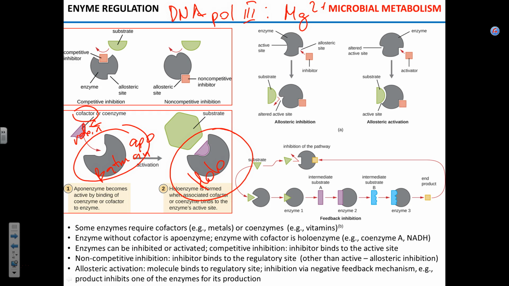So apoenzyme plus cofactor is the holoenzyme. RNA polymerase. When we talked about transcription, I told you there are 5 subunits. So you have 2 alpha subunits, beta and beta prime subunit, and these 4 form apoenzyme.